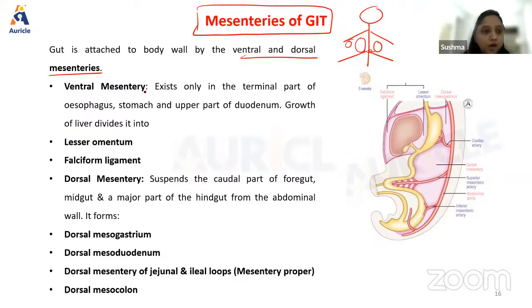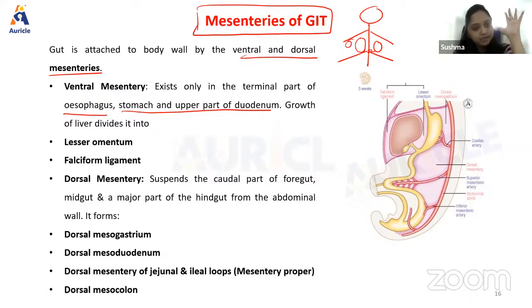Now, the ventral mesentery exists only in the terminal part of the esophagus, stomach, and upper part of the duodenum. Let's say I have the body wall like this, covered by the ventral mesentery, and I have the esophagus which is attached to the body wall via this ventral mesentery.